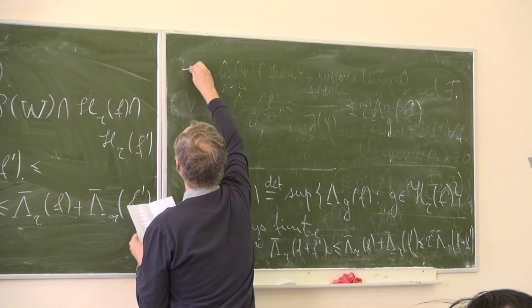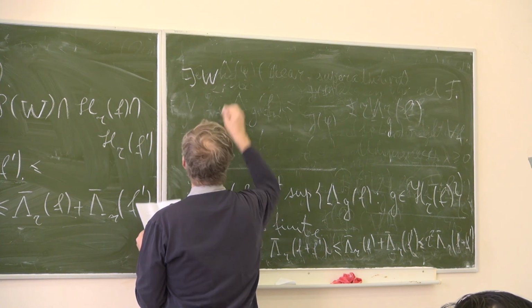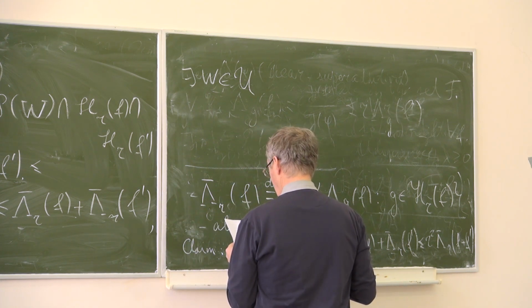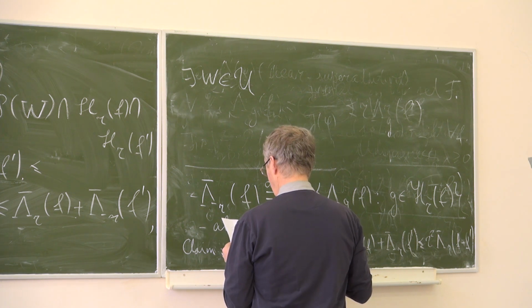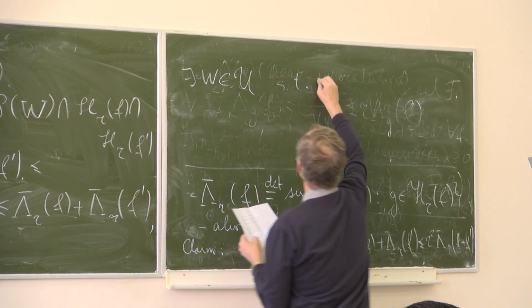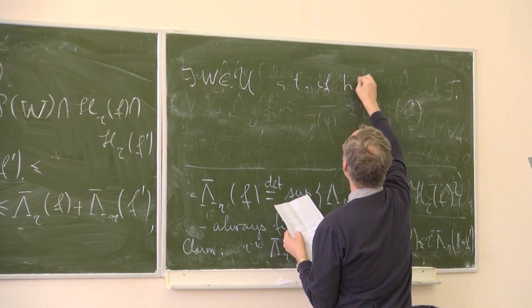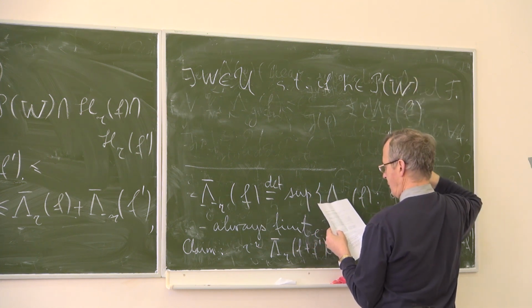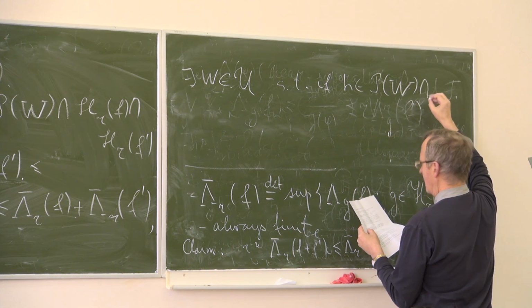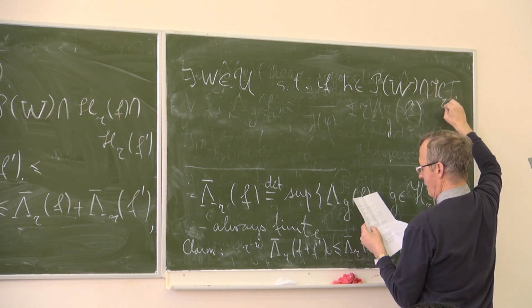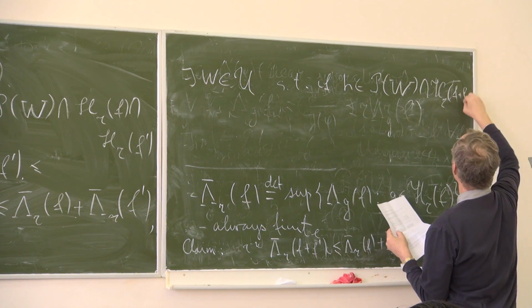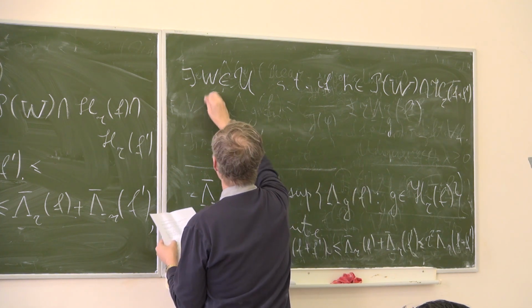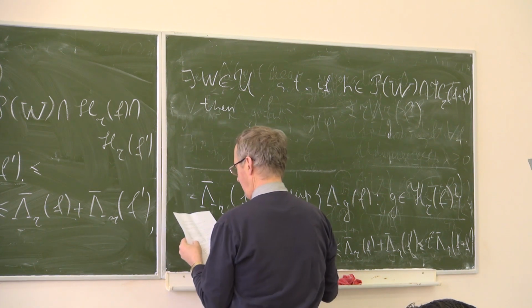So there exists W, a neighborhood of unity, such that if H belongs to P of W intersected with H_R of F plus F prime, then we have the following.